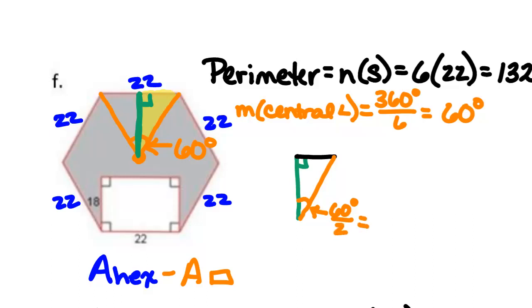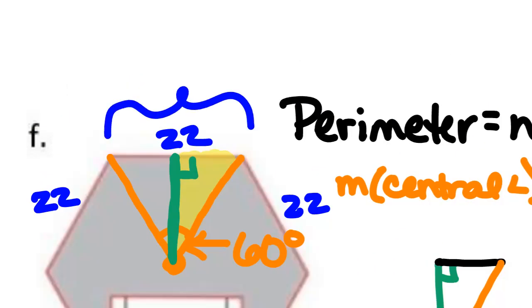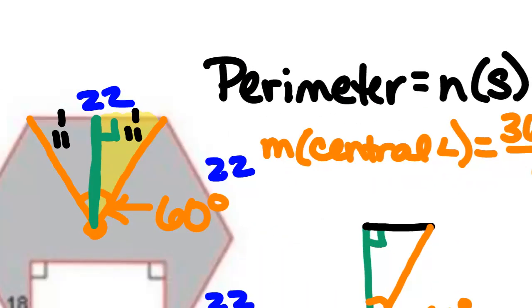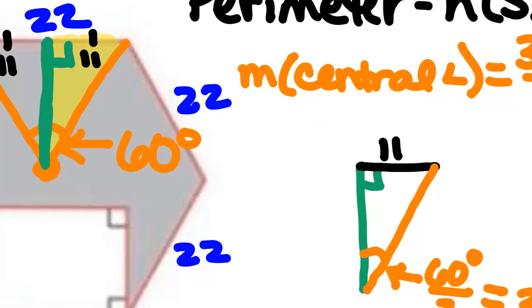So that angle on my right triangle is a 30-degree angle. I know that this entire side of the hexagon is 22. So how big is this little part? 11. This would be the same size as this. This is 11. This one is 11. And we're wanting to use this information to find the apothem.